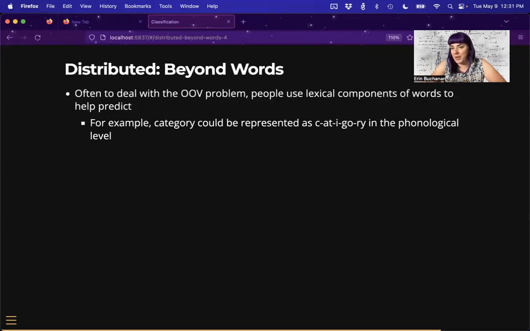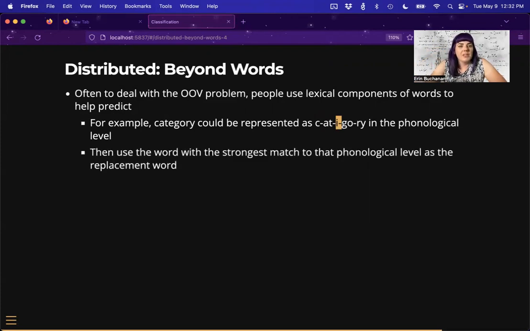So we could separate that. And if we get a new word that we've never seen before, like catalog, let's just say we've never seen the word catalog before, I can grab the cat from here, the E here as well, and then a log from somewhere else and combine those together. So we could use the word with the strongest match at the phonological level, or we could play mix and match and grab all the right phonemes and throw them together.